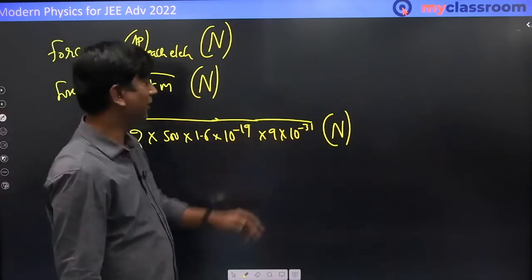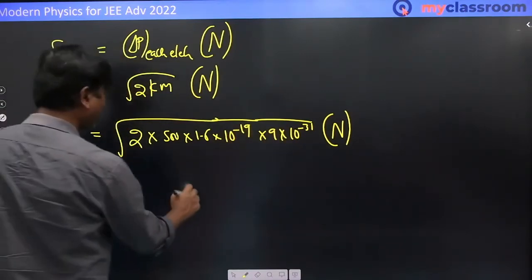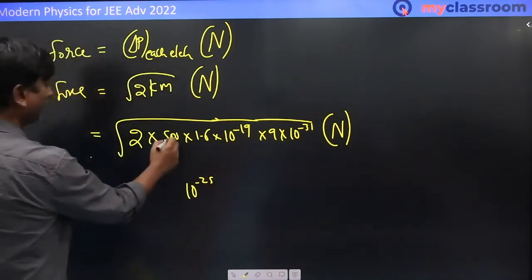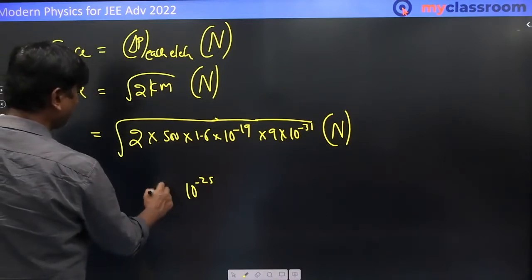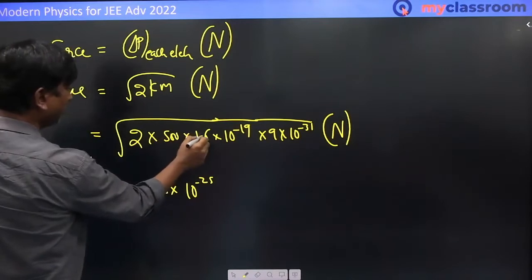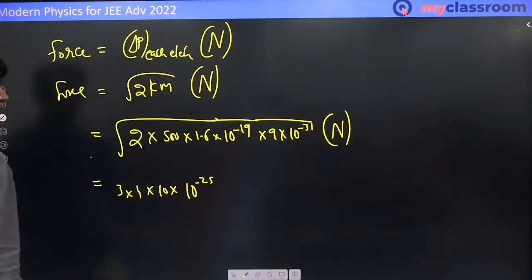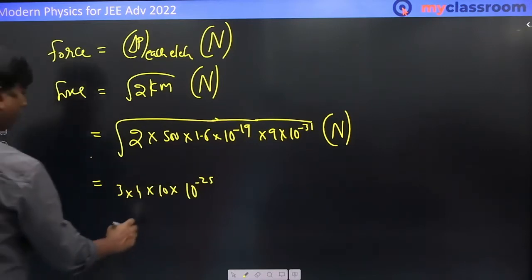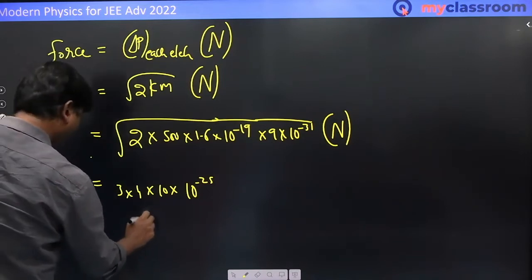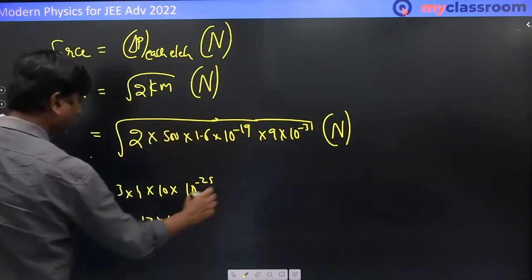This will become 10 power minus 50, right? Minus 19, minus 31, minus 50, which comes out as 10 power minus 25 outside. Here 10 squared comes out as 10 outside. Next, 5 into 2 is 10, 10 into 1.6 is 16. 16 comes out as 4, and 9 comes out as 3. So 12 into 10 power minus 25 means 12 into 10 power minus 24. That is the value of under root of 2Km.